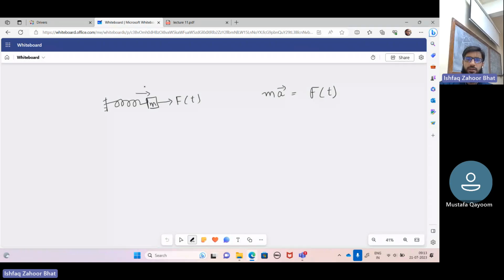It displaces x units from the mean position, so there will be a restoring force kx if the spring constant is k. So minus kx.